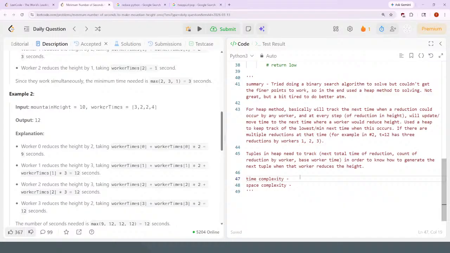Time complexity, this can be O of n log n in order to create the heap. Actually, it's n log n. It might be n log n squared. The first heapify call is going to be n log n because the first heapify call has everything in the heap, I think.